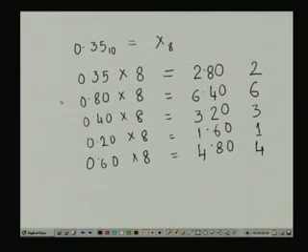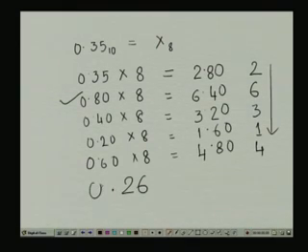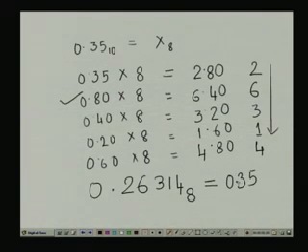So that means from here it will be a repetition. Now if I take the digits in the same direction, it will be 0.26314, and again 6314 will be repeated. So this is 0.35 in our decimal system. In that way, from the decimal system to any other number system I can easily convert.